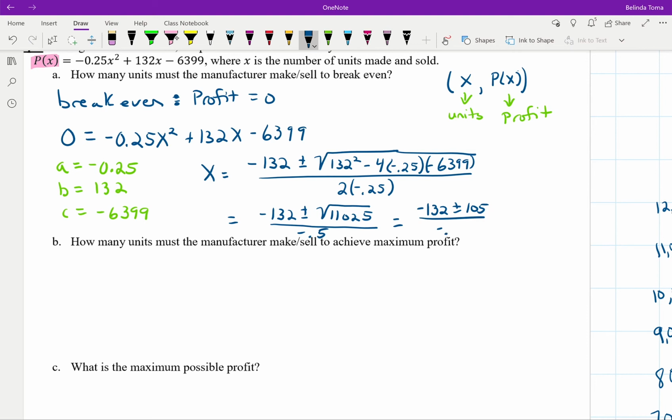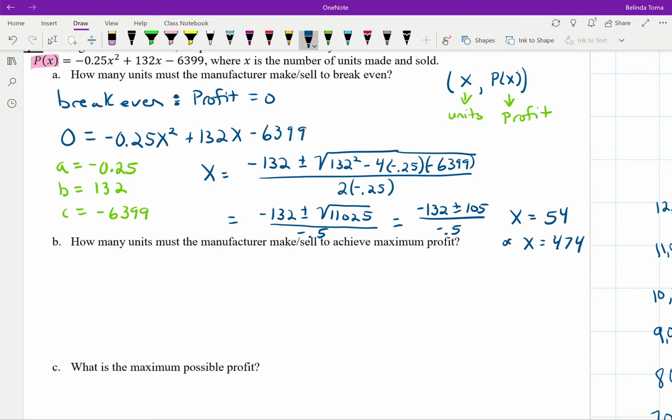So this will make it easier for you to see where I'm getting these numbers. Our two values come out to integers. X equals 54 or X equals 474. So in other words, at those number of units, the company is breaking even, meaning they're not making any money.